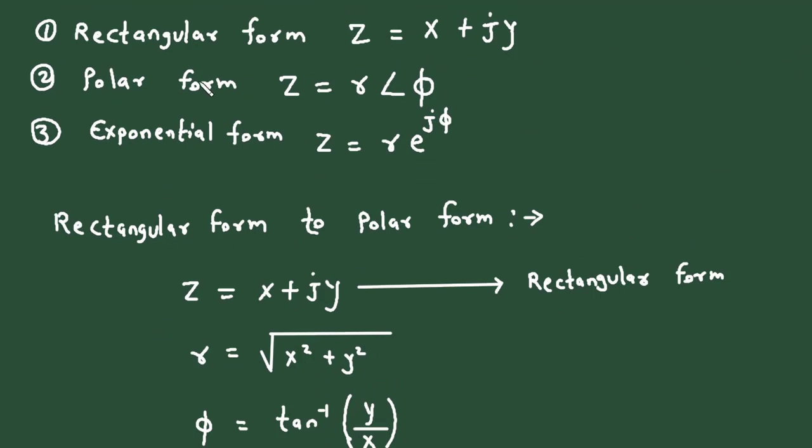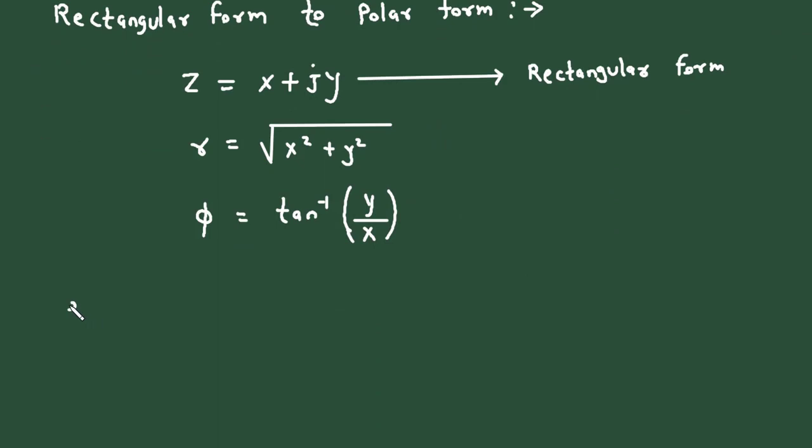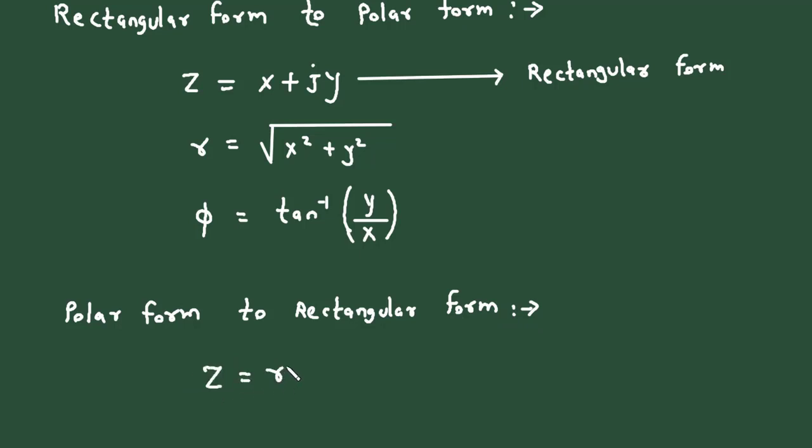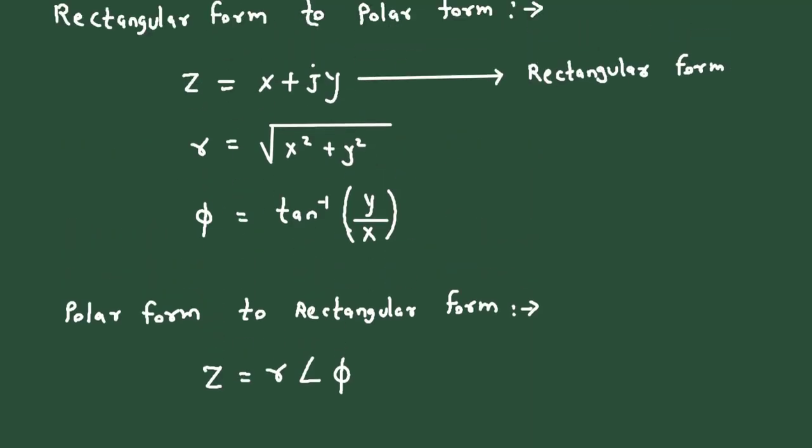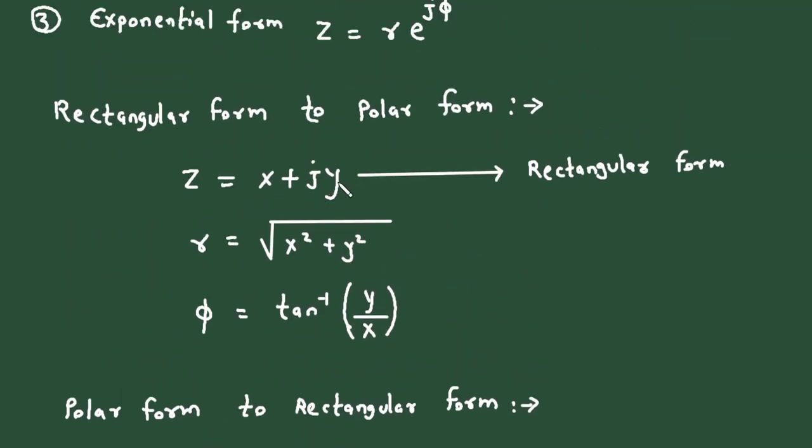Suppose if we want to convert polar form to rectangular form, then the polar form is given like z is equal to r at an angle phi. So we need x and y value.